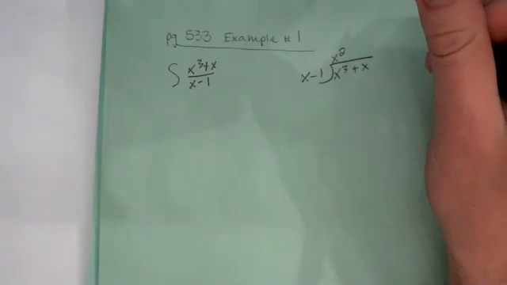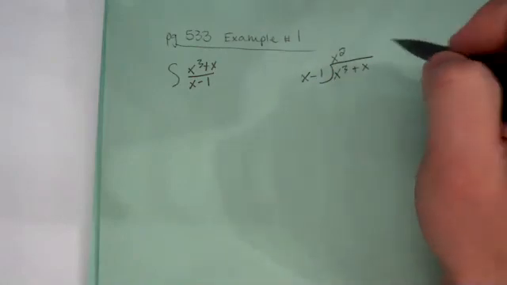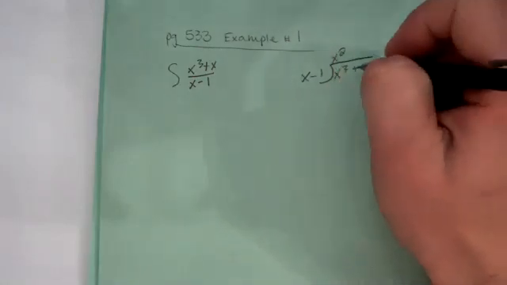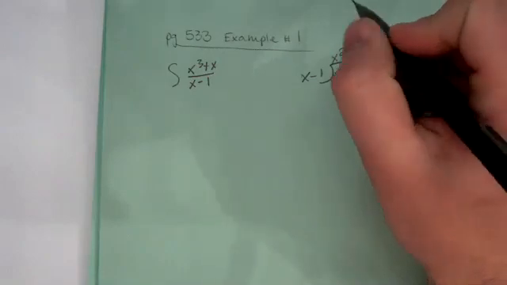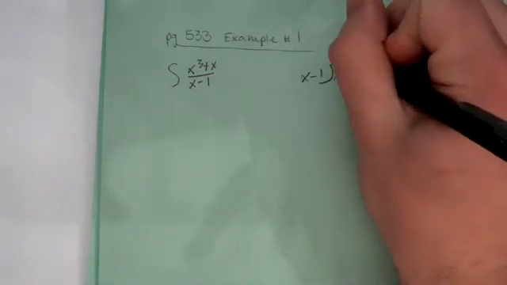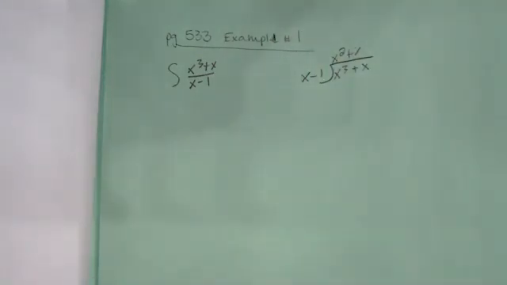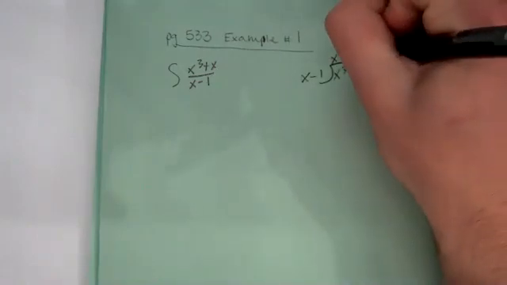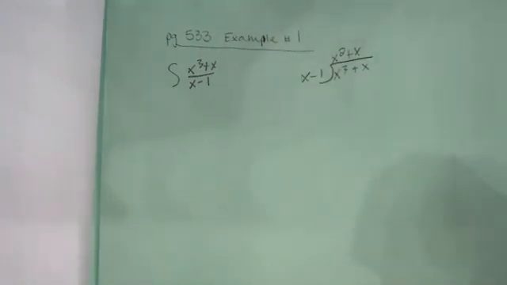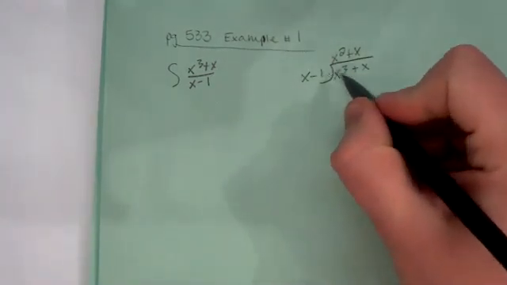Well, that would be x squared. Put that here. And then we've got x times x squared, and then plus x right here, and that just comes from the 1 and the x here.